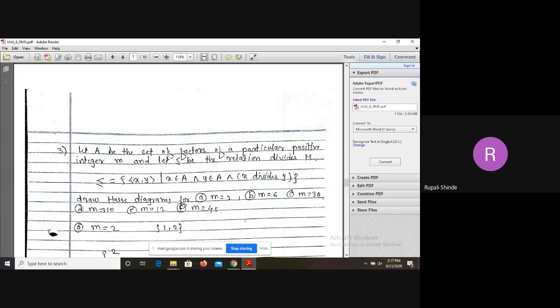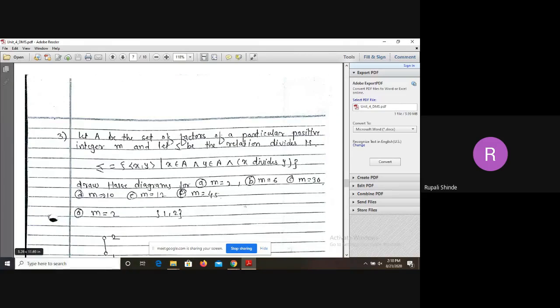So consider the next example. Let A be the set of factors of a particular positive integer m, and let less than or equal to, that is a partial ordered relation, be the relation divides. So this is the divides relation. How have they defined this divides relation?